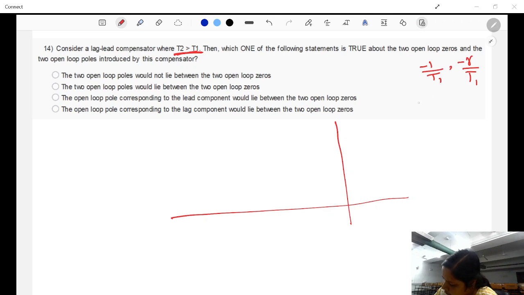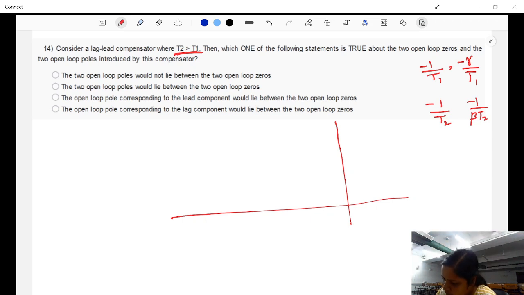Another two things are -1 upon T2 and -1 upon beta T2. We want to place them on the real axis. Where would they lie? All of them are real, right? None of them are imaginary.